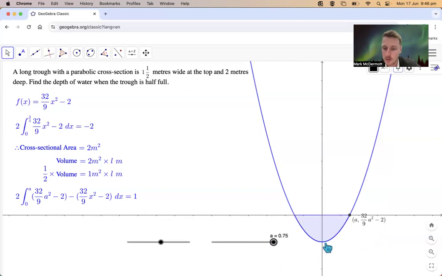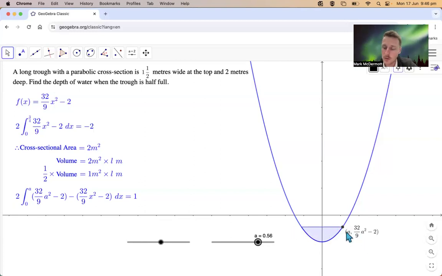When A is up here at 3/4, the cross-sectional area is 2. So it's somewhere below that, right? And so what we can do is set up the integral. But now the integral we're setting up is an integral between curves because we need the area underneath the top of the water level and the bottom of the trough. So what we need to think about is what is the equation of the top of this line, the top of the water level?